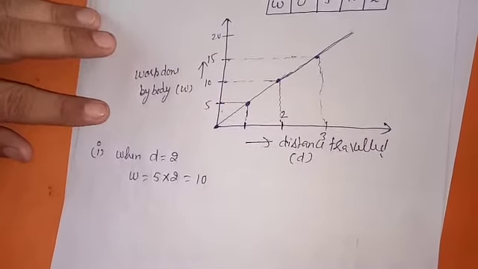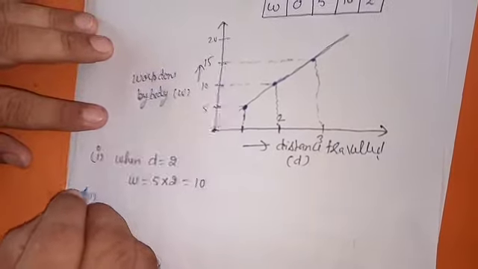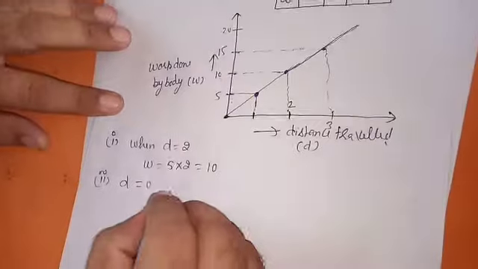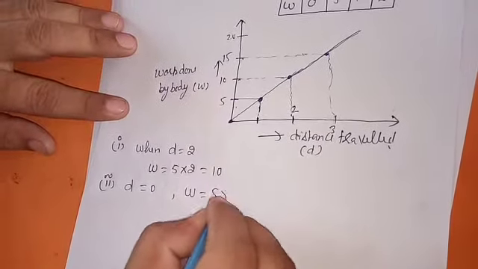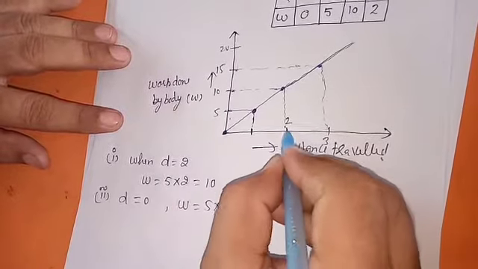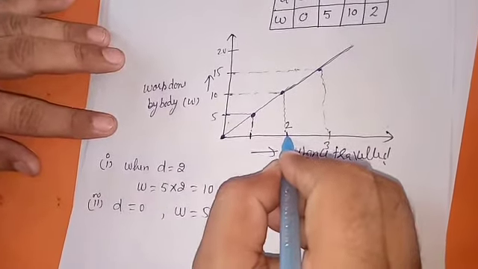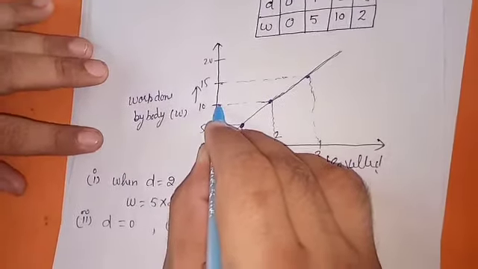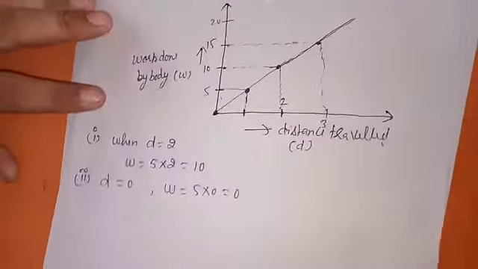Understood? Second case, when D equals 0, W is also 5 into 0, which is 0. From the graph also you can see this. And when 2 units distance is traveled, the work done by the body is 10 units. So understood, I think all of you.